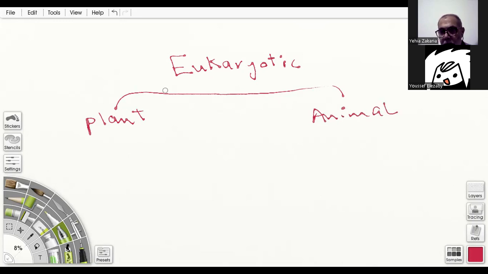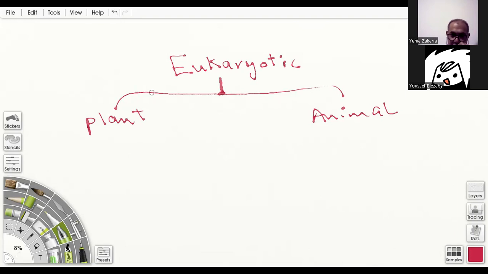Only the eukaryotic cell has a real nucleus, while prokaryotes don't have a nucleus.